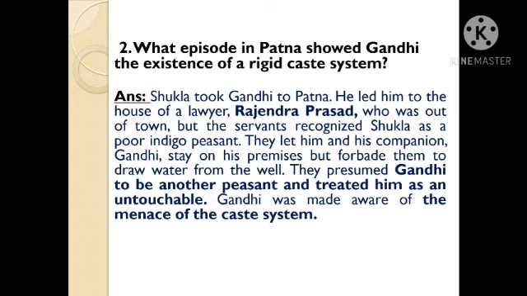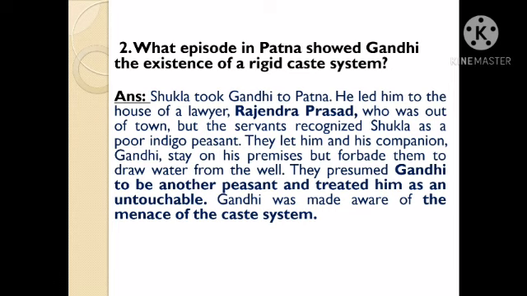But the servants recognized Shukla as a poor indigo peasant. Rajendra Prasad was not there in his house, but the servants of Rajendra Prasad's house recognized Rajkumar Shukla as a poor indigo peasant. They let him and his companion, that is Gandhiji, stay on the premises but forbade them to draw water from the well.